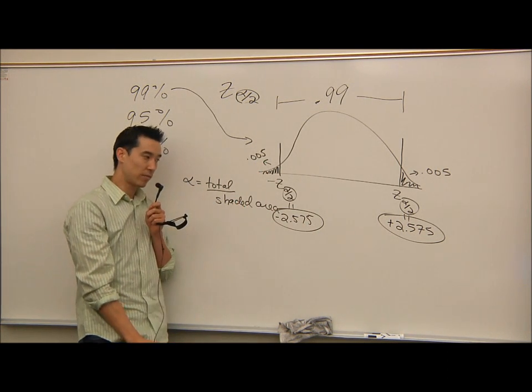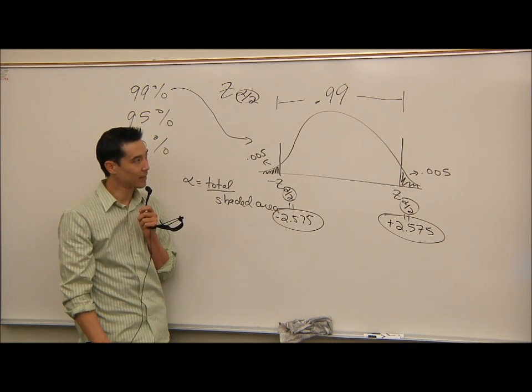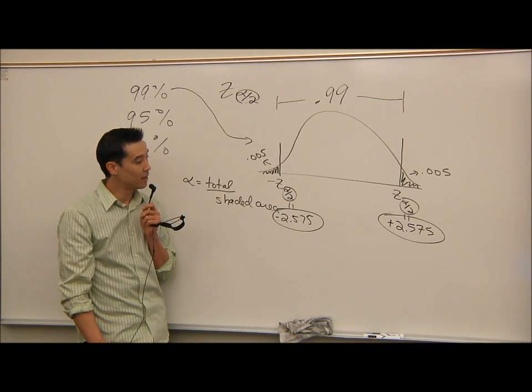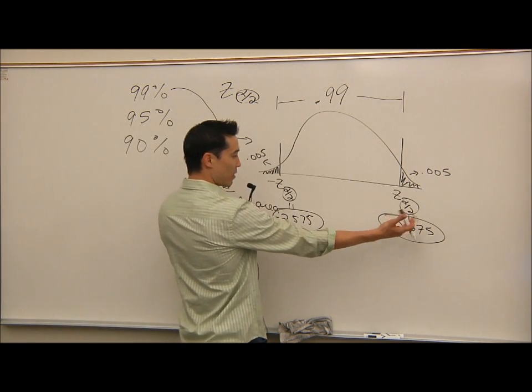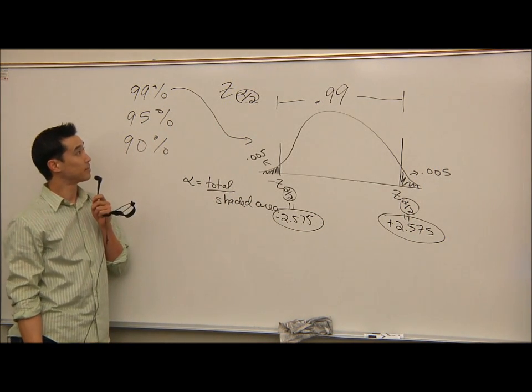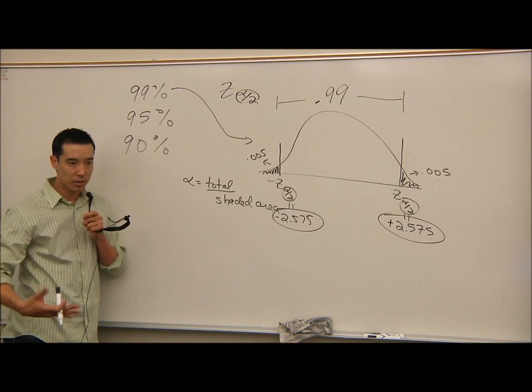So we're going to use 2.575. Okay, so we have negative 2.575 and our z sub alpha over 2 at 2.575, positive on the right side. Okay, that's it. Let's do a couple more just to get used to how this works.